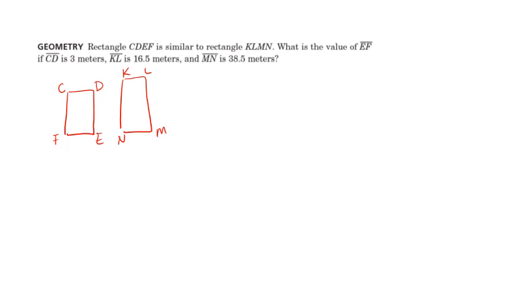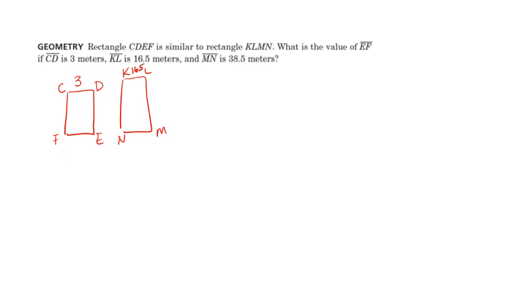What is the value of EF if CD is 3? We know that. And KL is 16.5. And MN is 38.5. Okay.